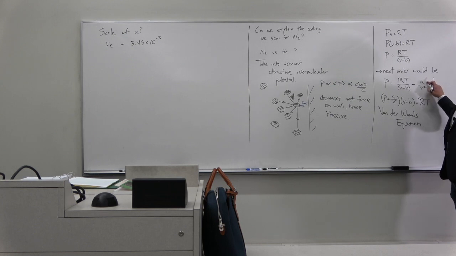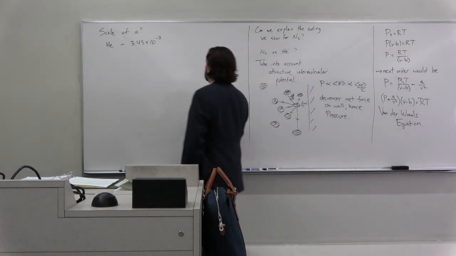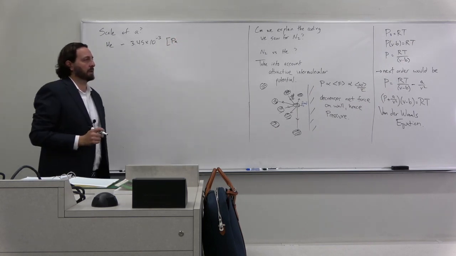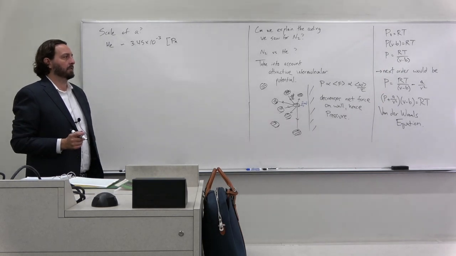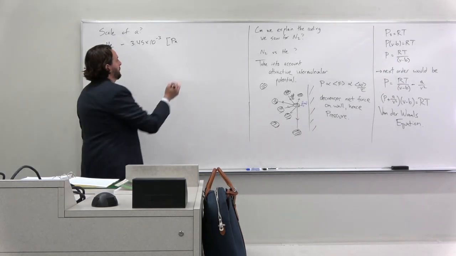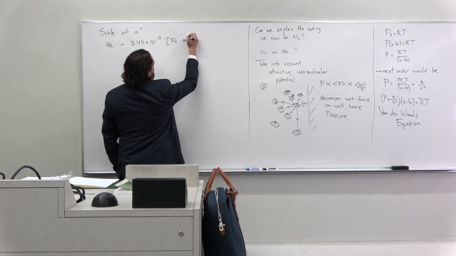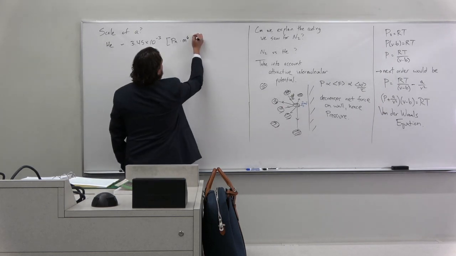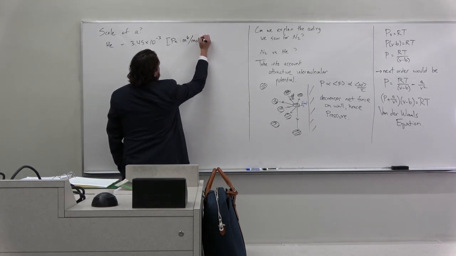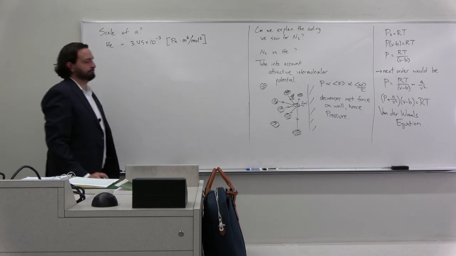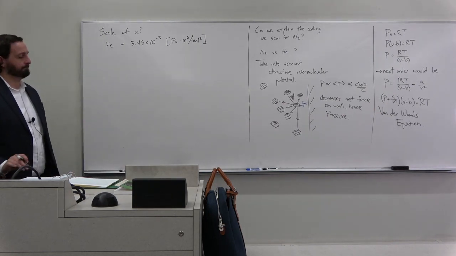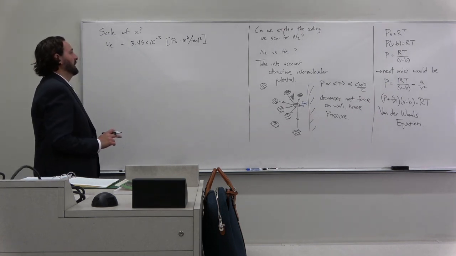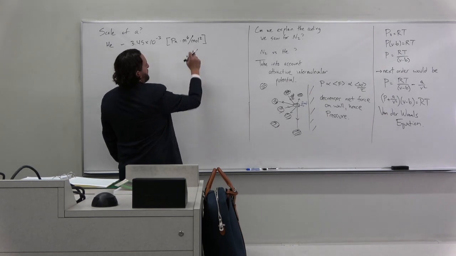But you can see that we're going to be dividing by a volume squared. I'm going to need a meter to the 6. But that was molar volume, right? So that's mole squared. Okay, so this is going to be the units on a: pascals meter to the 6 per mole squared.